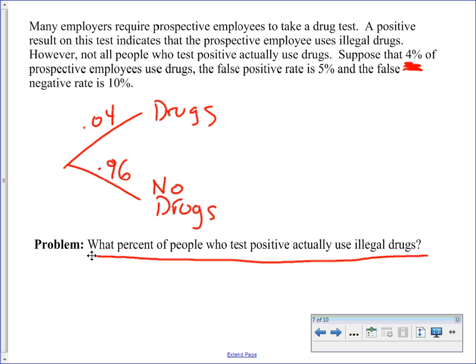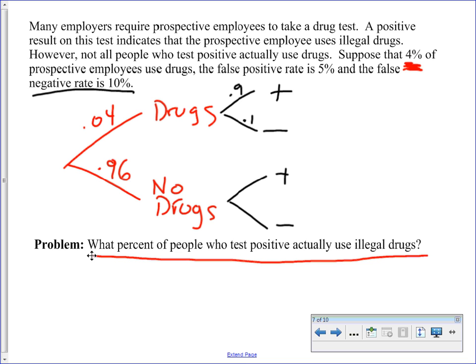Then it says, all right, so if we take drugs and we test negative, then the test was wrong, and that's what's known as the false negative. So this is going to be 0.1. So the positive, which is a correct test, is going to be 0.9. And then down here, we're also going to test positive or negative.